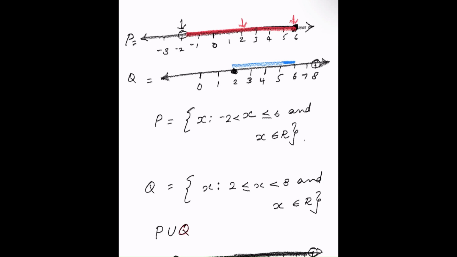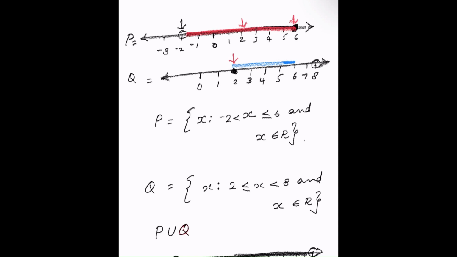And tell me, what do you think? Should I include 2 or is it going to be a hollow circle? When I draw P minus Q, against 2, will I draw a hollow circle or a dark circle? Ma'am, it's hollow because against Q, 2 is included.